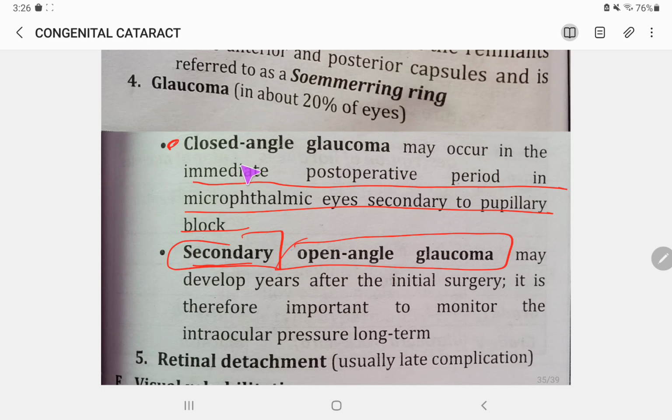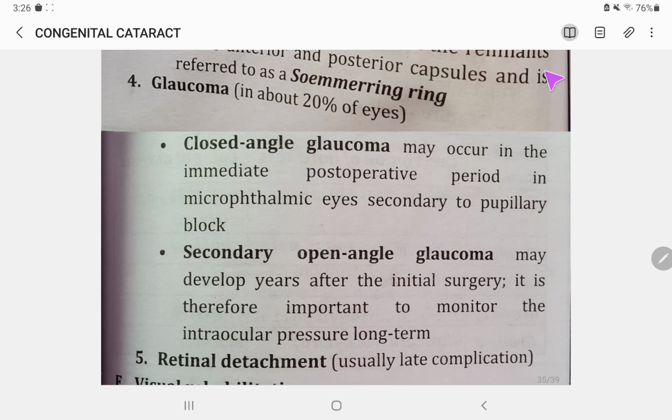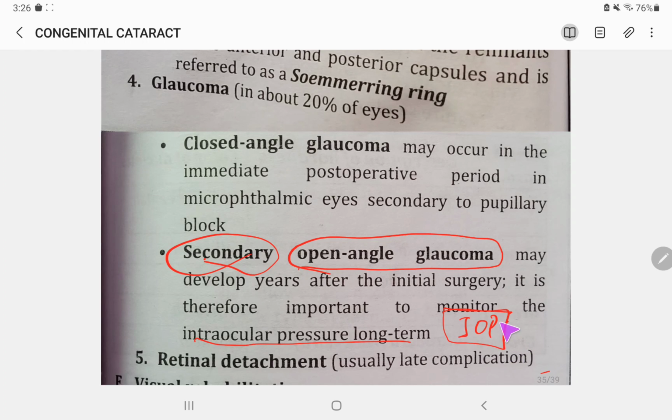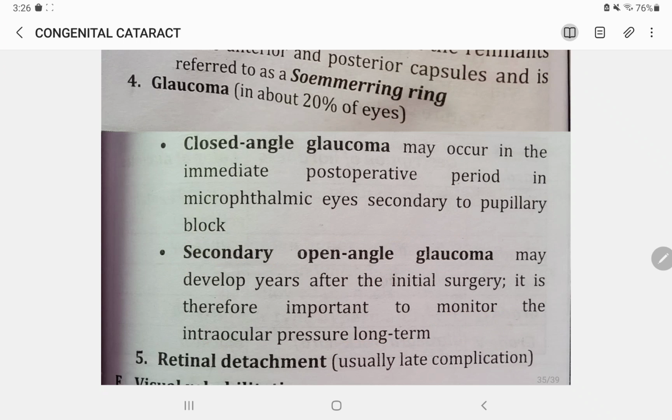So the pupil is blocked, that will lead to closed angle glaucoma, easy. And the open angle glaucoma can be due to other secondary causes and may develop years after the initial surgery. It is therefore important to monitor the intraocular pressure. So in the child who has had cataract surgery, we have to monitor the intraocular pressure.